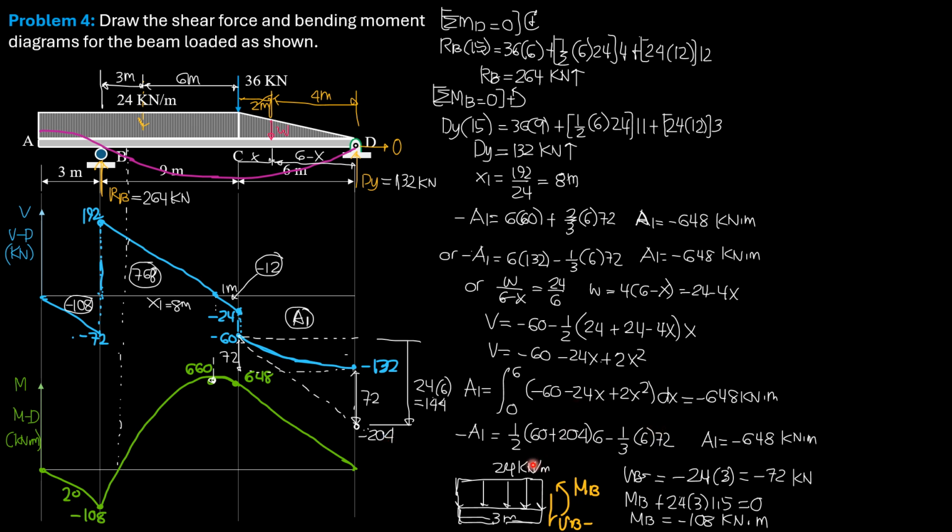So that's why 1/2 of 60 plus 204 times 6, the area of trapezoid, minus area of spandrel, which is 1/3, 6 meters by 72. The height is 72. So area 1 is negative 648 kilonewton meter. So that's why 648 minus 648 is 0.